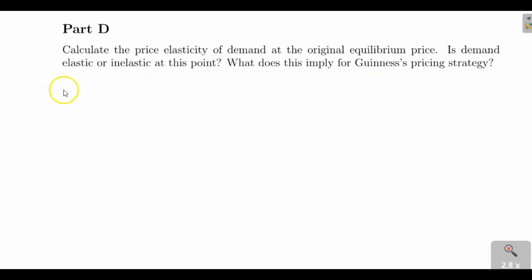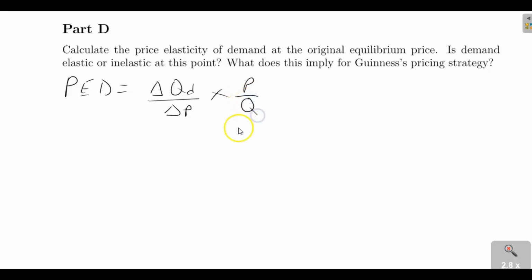So we need to find the price elasticity of demand. If you remember the formula, that is change in quantity demanded over the change in price times P, the original price, over the original quantity. Now, in mathematics, whenever we are dealing with change, it's the same as finding the derivative of the demand function with respect to price, then times the original price over the quantity.